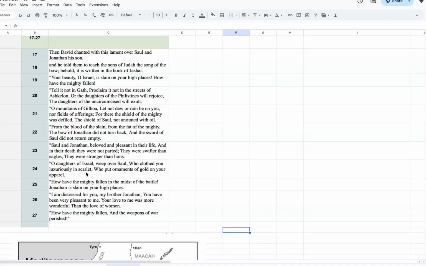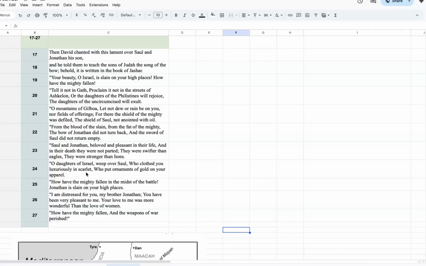And of course, he loved Jonathan. He and Jonathan were in a covenant relationship. We saw in First Samuel that they made a covenant, and we're going to see how that covenant plays out in our next lessons. This is not a homosexual relationship. I know people like to point to this verse and say it is. It wasn't. It was a covenant relationship between two men.